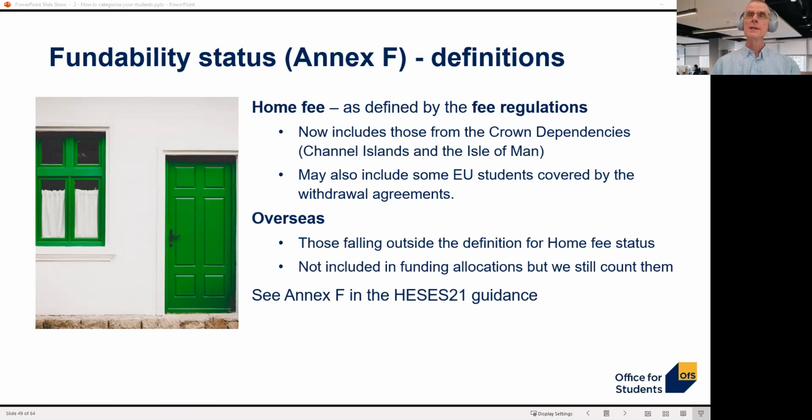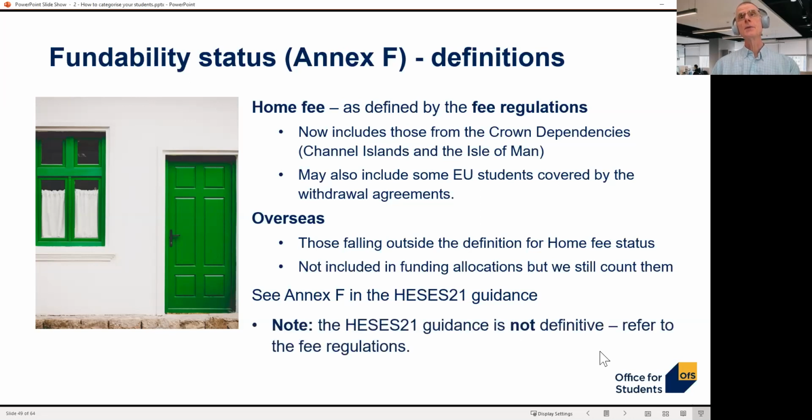I haven't put this on the slide, but I'll read it: the Education Fees and Awards England Regulations 2007, Statutory Instrument 2007, number 779, as amended. So this is just to make the point finally that the HESES21 guidance is not definitive. This relies on the fee regulations. That's what guides us in this scenario.